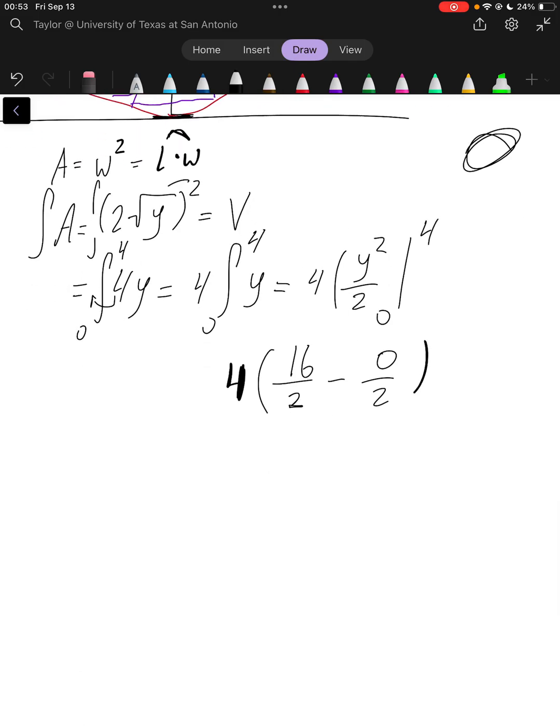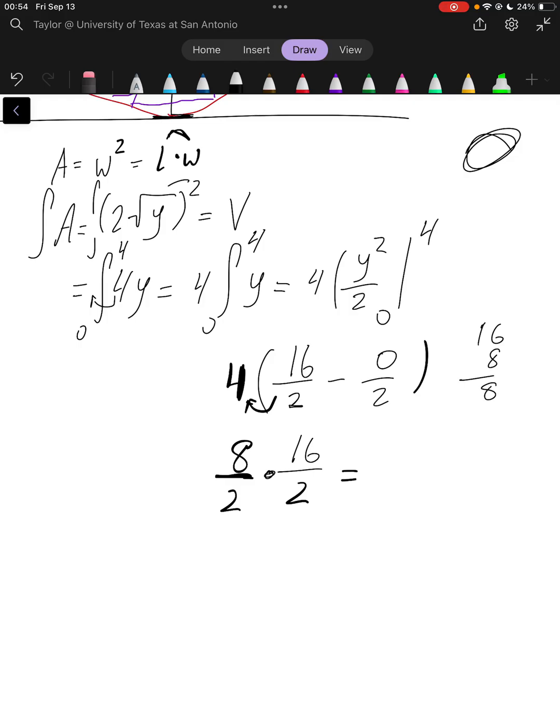Alright, and so the last thing I need to do is multiply. I'm going to get a common denominator here, so I get 8 over 2 times 16 over 2, which gives me 16 times 8.